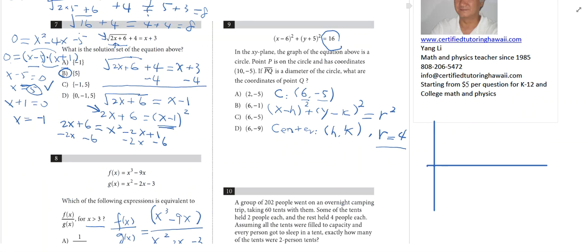let me draw the graph here to illustrate the idea. For number 9, the radius is 4 and the center is (6, −5).